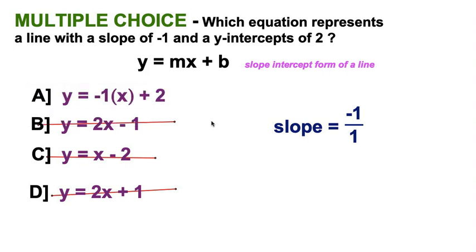Negative 1 times x is just plain negative x. This is your equation. Now that did come up last week when some of you were trying to graph it when the slope is just plain x or negative x. So again, this is the same as that. So your choice is A.